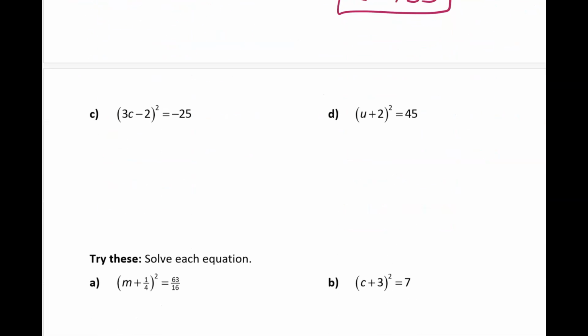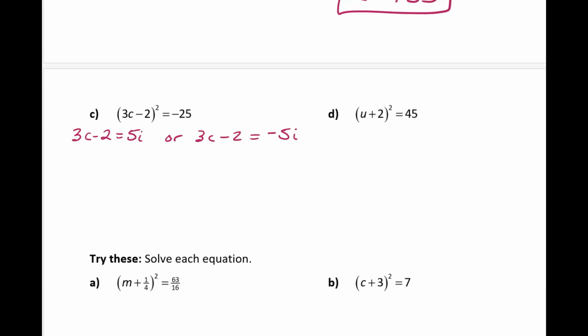All right, let's try C. C has a similar setup. 3c minus 2, the quantity squared, is equal to negative 25. So that means that 3c minus 2 can either equal 5i, or 3c minus 2 can equal negative 5i. So what do we need to do next?